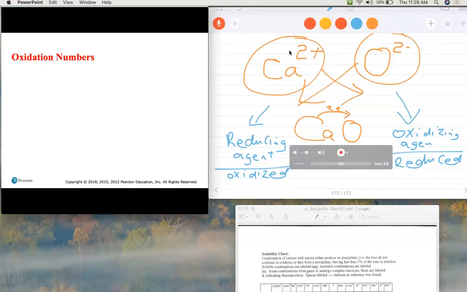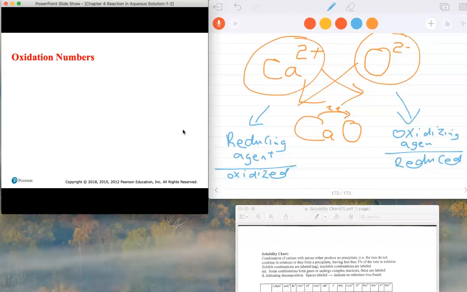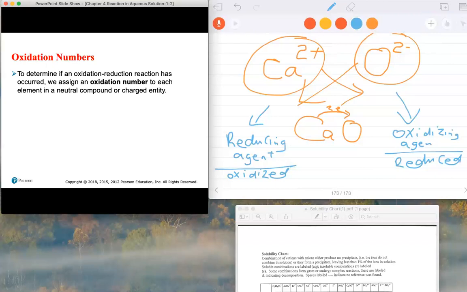Here is positive 2, this oxidation number, and there are some rules for assigning oxidation numbers. Sometimes we use oxidation state. Oxidation state or the ionic charges are used to determine if a redox reaction has taken place.